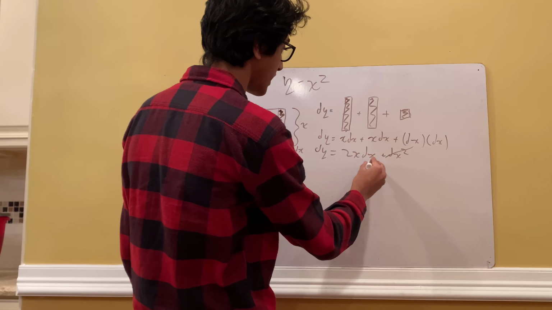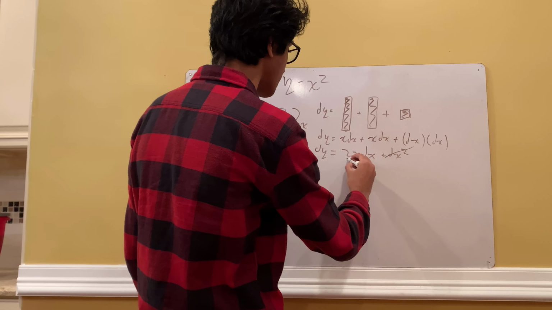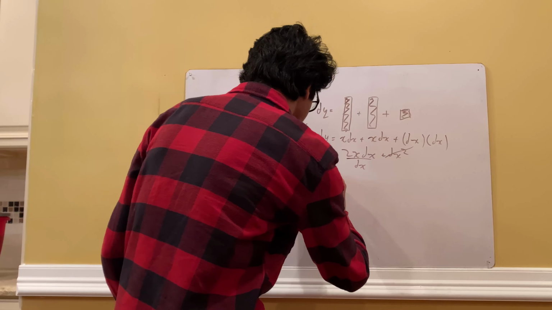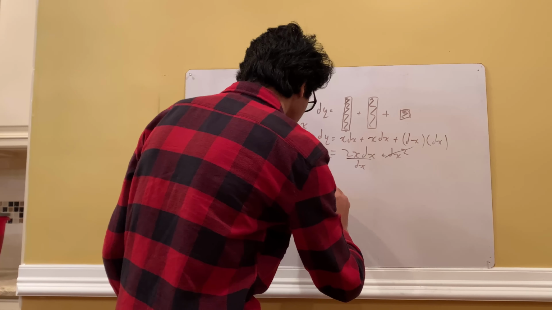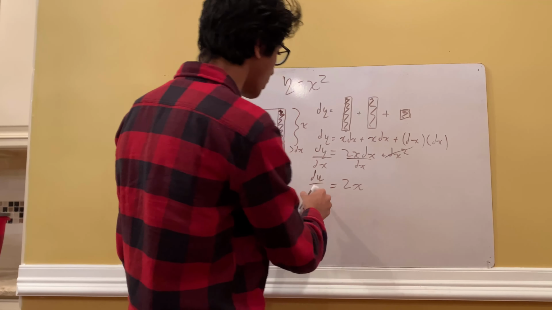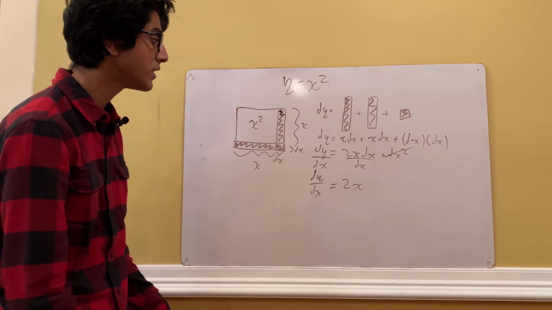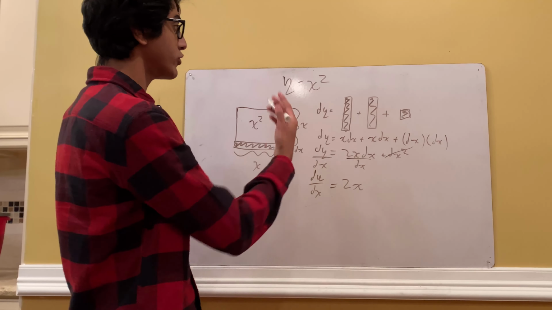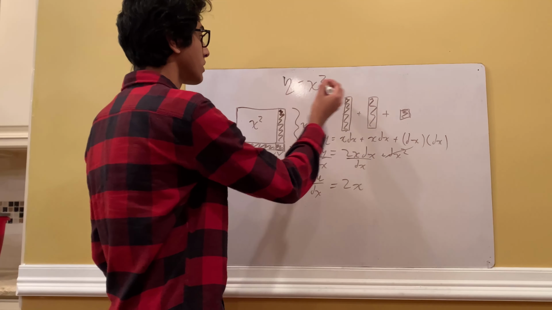So if we divide both sides by dx and divide this by dx, we get dy over dx. These dx's cancel out, and we get 2x. dy over dx is the derivative, and the derivative is equal to 2x. And we can check this by doing the power rule that we know.